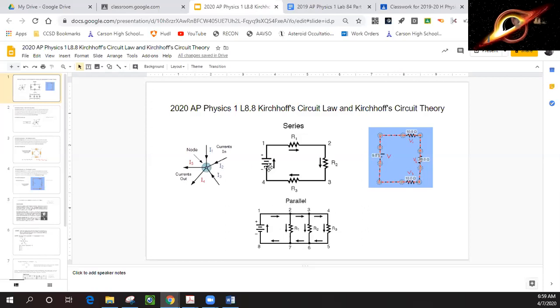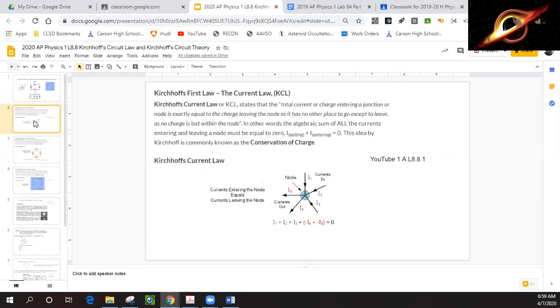And these are some examples of Kirchhoff's circuit laws. All right, let's go to part 2 here. This one is called Kirchhoff's first law, or his current law. I'll let you read it here, and it's best explained by an illustration.